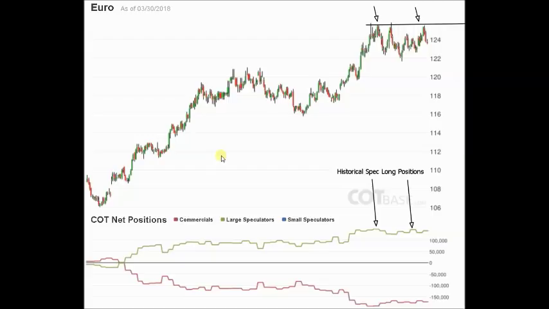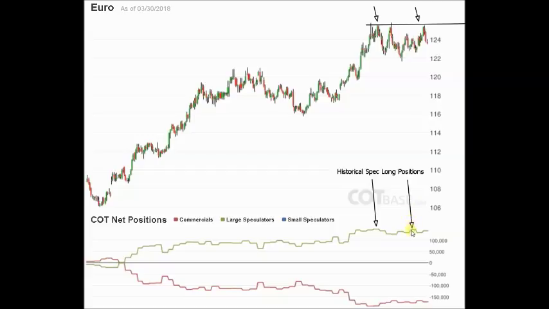Again there's two divergences we're looking at. This one here is a historical net long position held by speculators. Commercials build up a historical net short position down here. What you see is the acceleration of price into this area here. Can't get through and down, okay? Specs drop off a bit when we're down here.